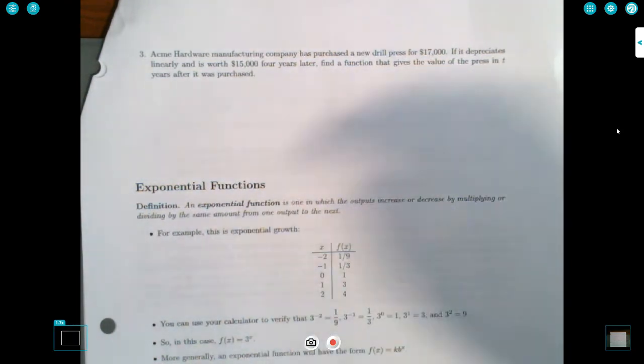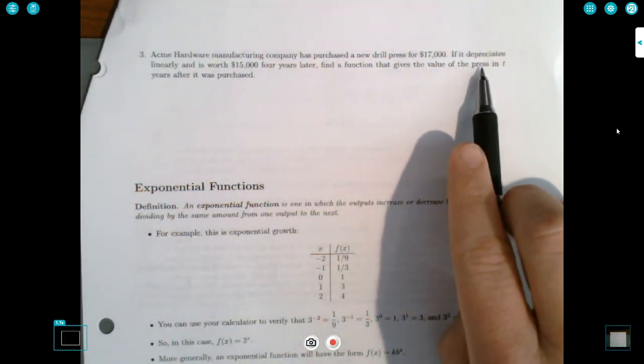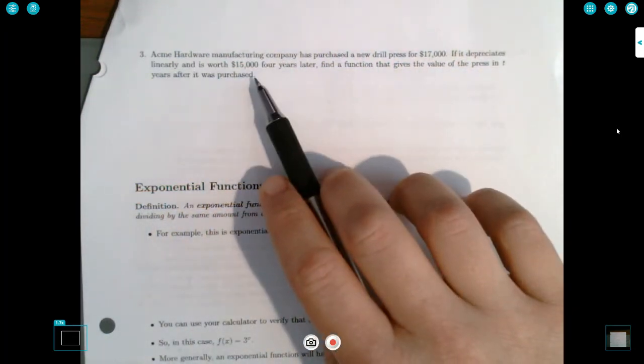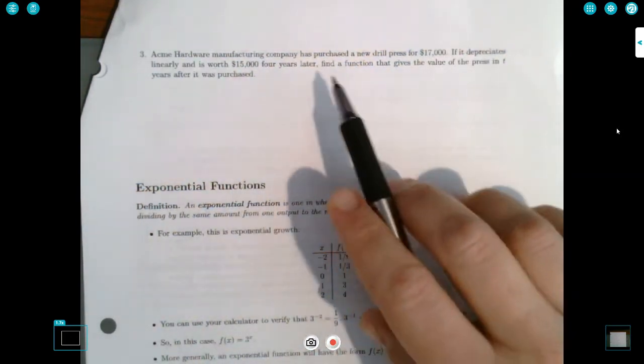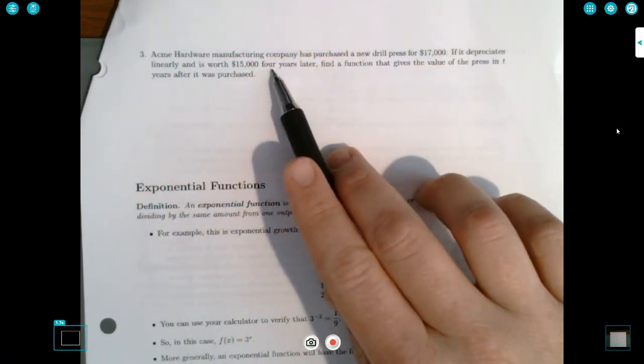So with that in mind, we want to find a function that gives the value of the press t years after it was purchased. So we want the input to be years, t years, and we want the output to be the value. So the value has decreased by $2,000, while the input, the years, has increased to 4 years, right?